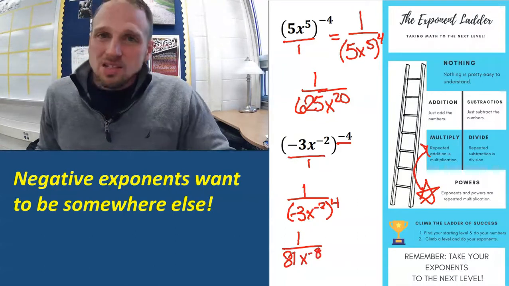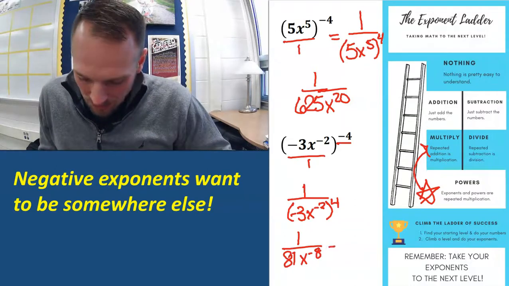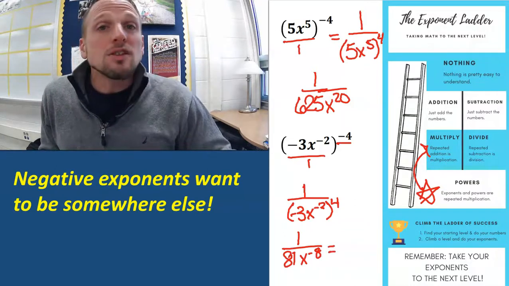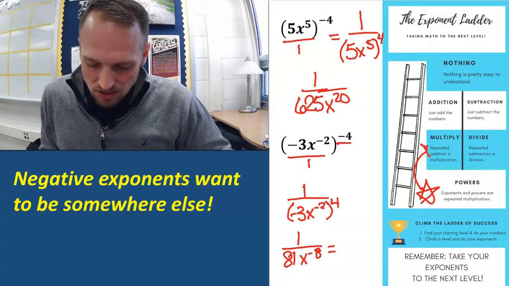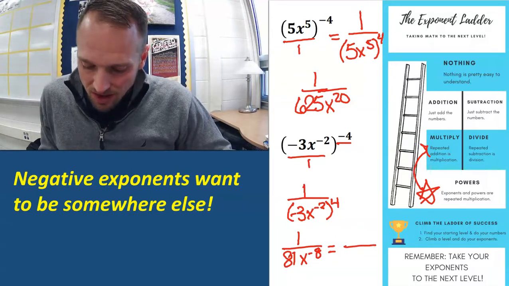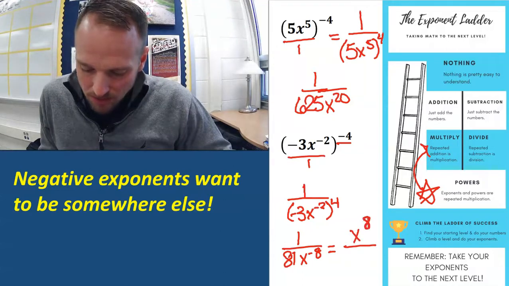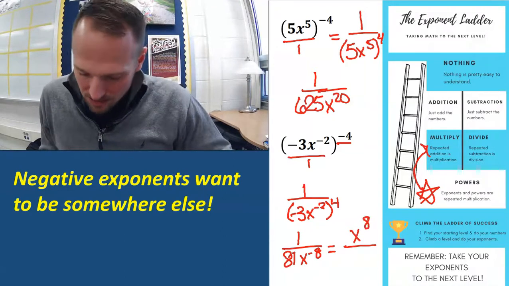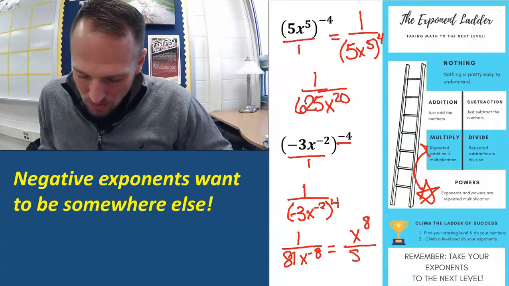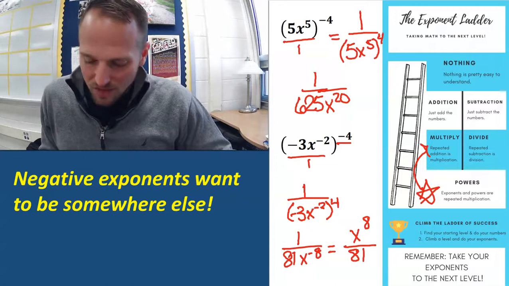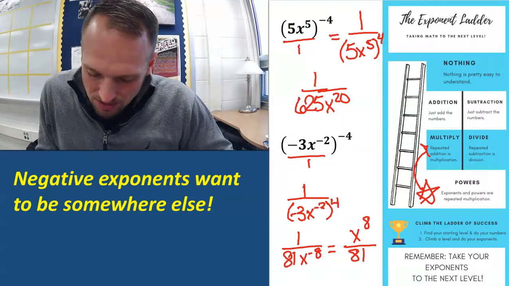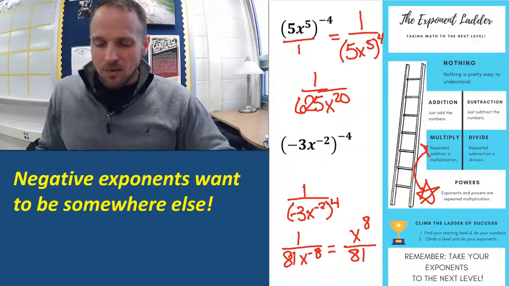All right, now, I still have a negative exponent in there, and I don't like that, so let's move it. That exponent wants to go to the other side and turn positive. So x to the negative 8 goes to the top and becomes x to the positive 8. And on the bottom, we still have 81. And that's our final answer. X to the positive 8th over 81.